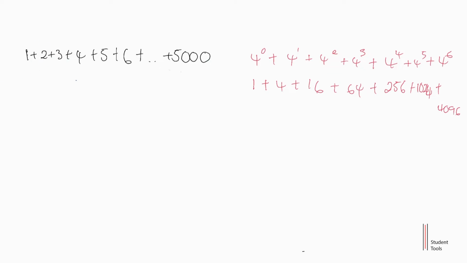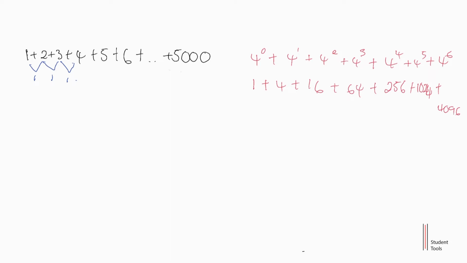We will have term 2 minus term 1, that is 2 minus 1. So that is 1, and that is term 3 minus term 2, that is also 1. Term number 4 minus term number 3, that is still 1. So we get a common difference throughout. So that means this is an arithmetic series.